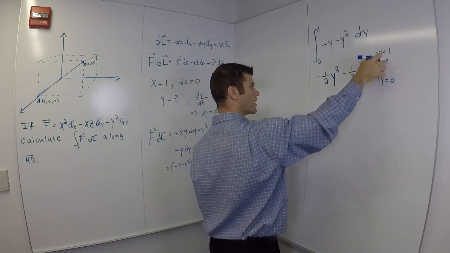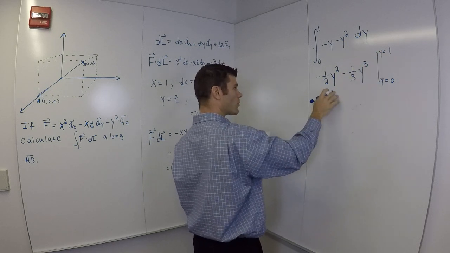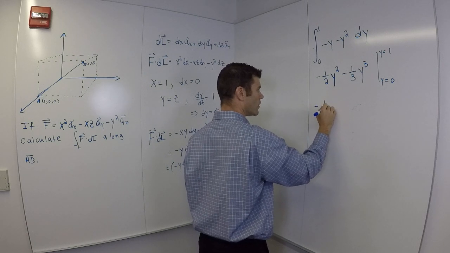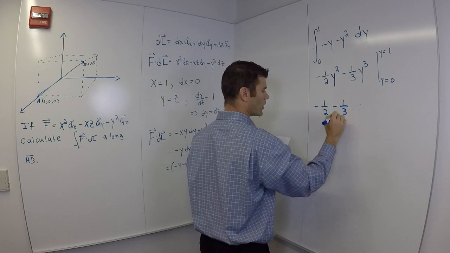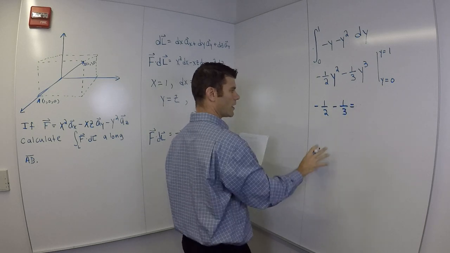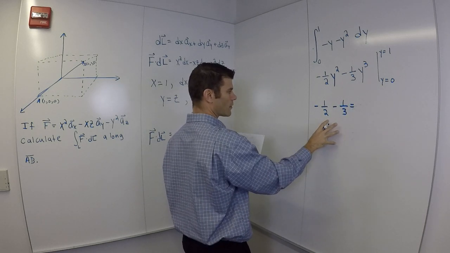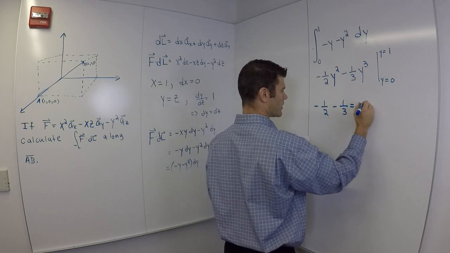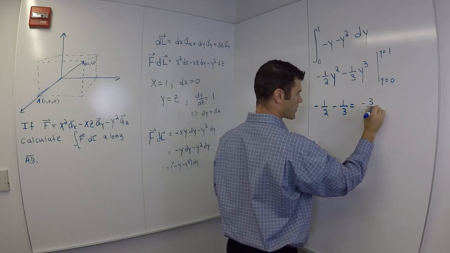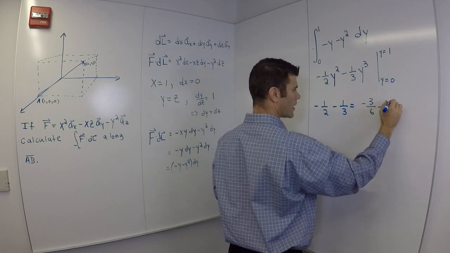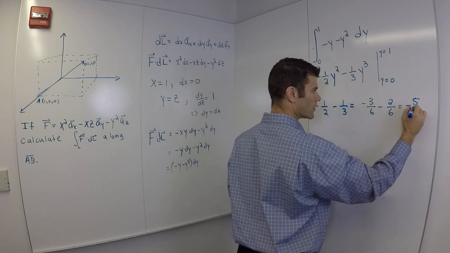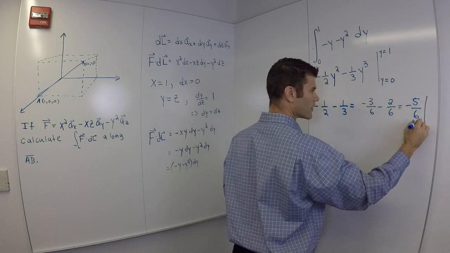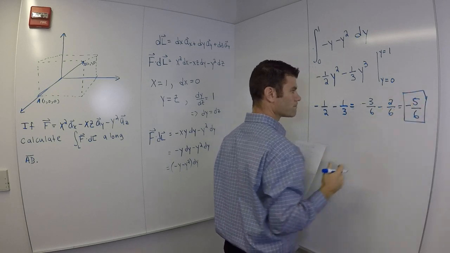But when we evaluate at y equals 1, right here we're simply going to have 1/2, and right here we're simply going to have 1/3. Okay, so then getting a common denominator, we could say that this is minus 3/6 minus 2/6, and our answer then is equal to minus 5/6. Okay.